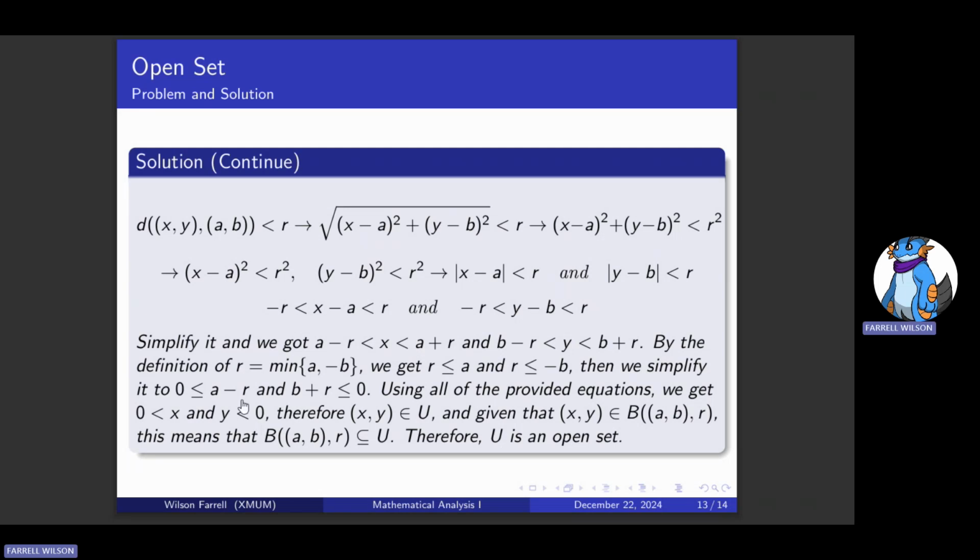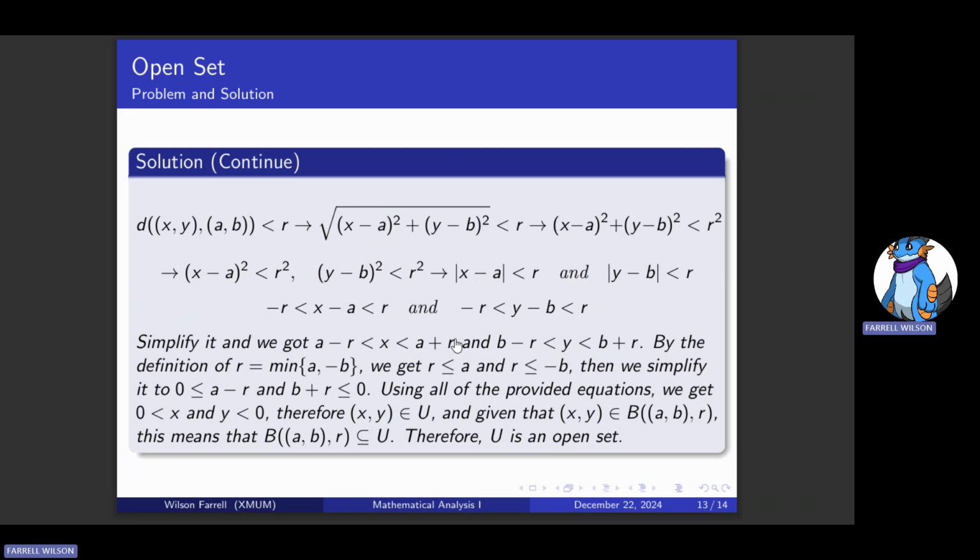By using the definition of r as the minimum of a and negative b, we get r less than or equal to a and r less than or equal to negative b. Simplifying, 0 is less than or equal to a minus r, and b plus r is less than or equal to 0.